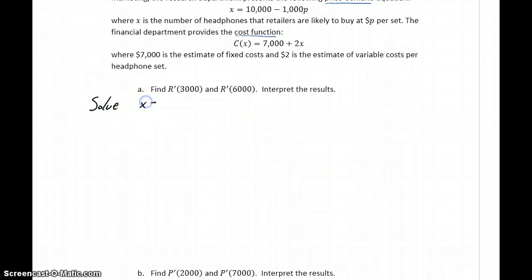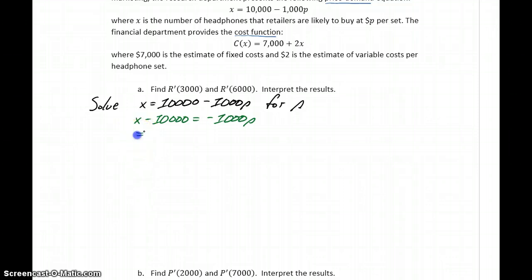So we'll start by solving that price-demand equation for P, so that we get something of the form P equals some expression in terms of X. So we can start by subtracting 10,000 from both sides, and then dividing both sides by negative 1,000 will give us P equals 10 minus 0.001X.